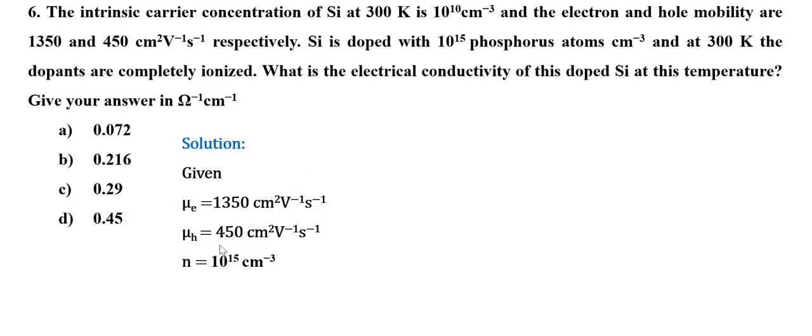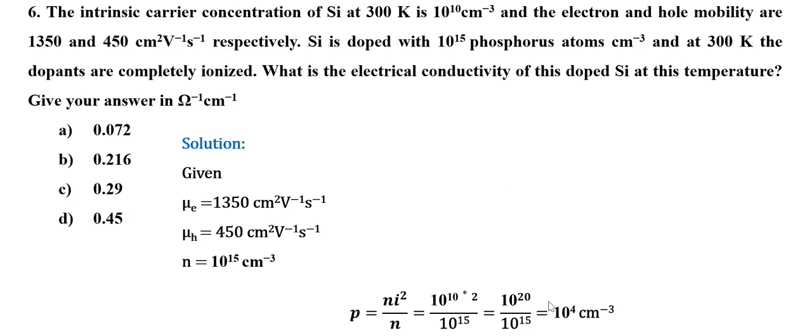So if you got an idea, basically n is given, mu e and mu h are given. First you have to find p, that is Ni square by n. Have you got the value of p as 10 power 4?